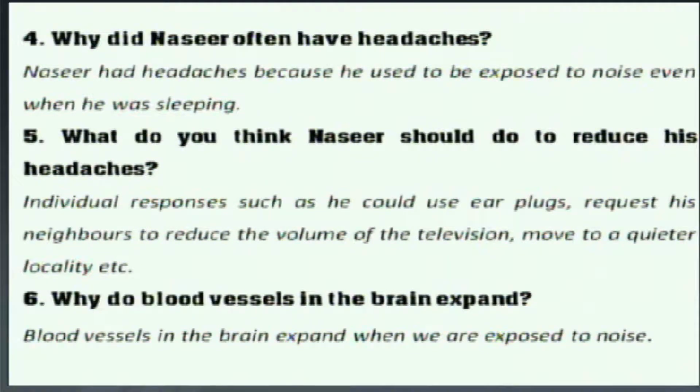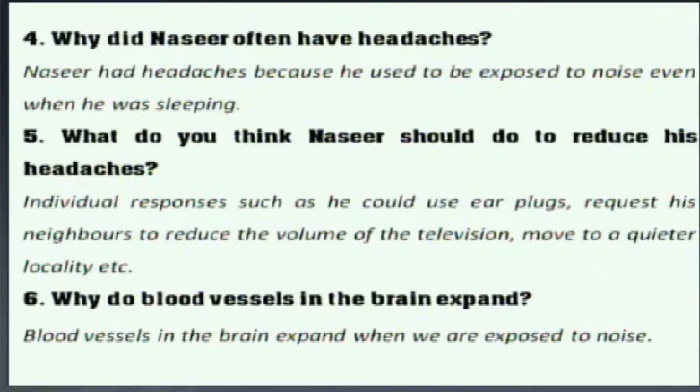What do you think Nasir should do to reduce his headaches? Obviously, he should shift to a quieter place, or take some actions with which he can reduce the noise around him. Here are samples for you.